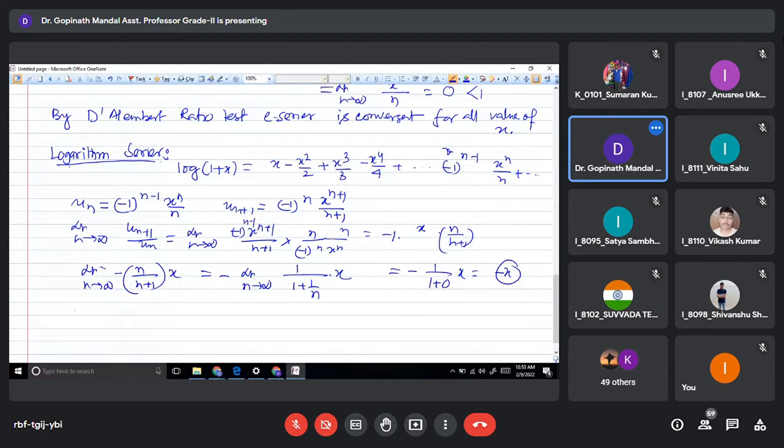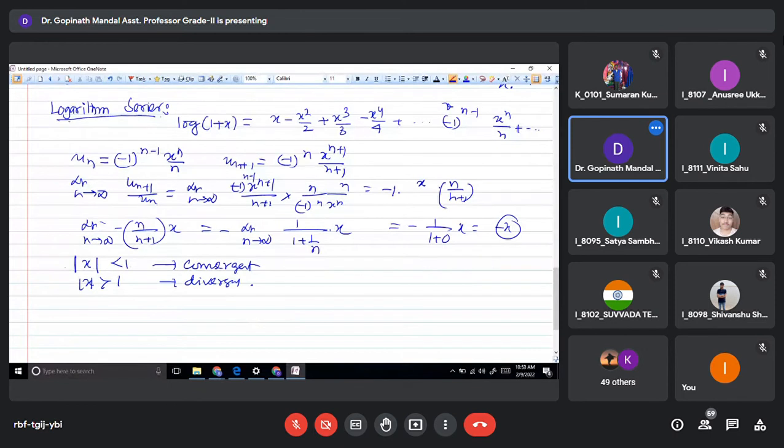So this series is convergent when mod x is less than 1. When mod x is greater than 1, the series is divergent. And for mod x equal to 1, that means x equal to 1 and x equal to minus 1.